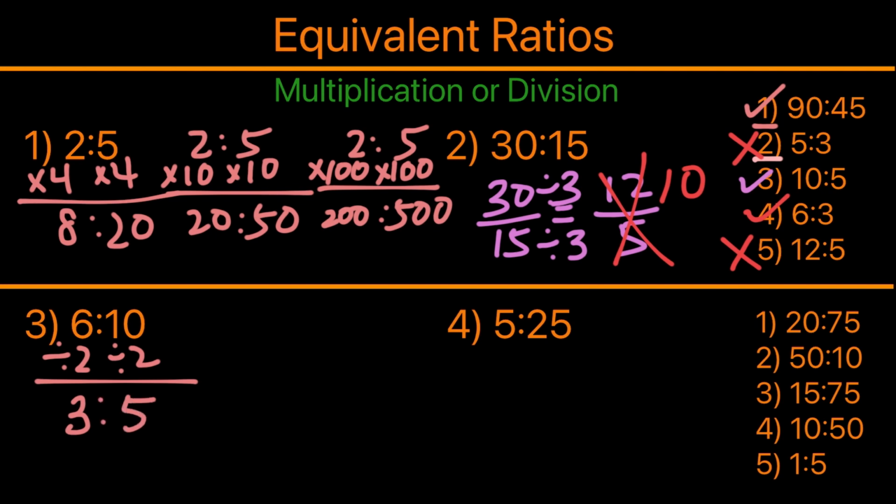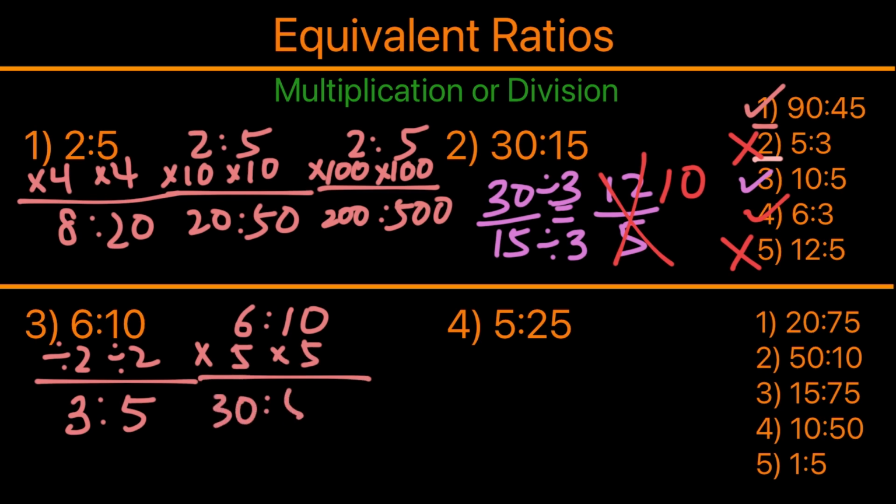And so 3 to 5 is equivalent to 6 to 10. So for ratios that can be divided, they can also be multiplied. So if 6 to 10, and I want to times that by 5, I would get 30 to 50. So 30 to 50 is an equivalent ratio of 6 to 10.